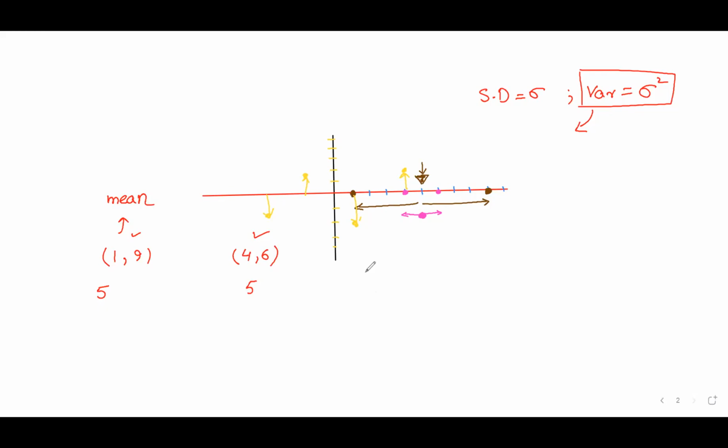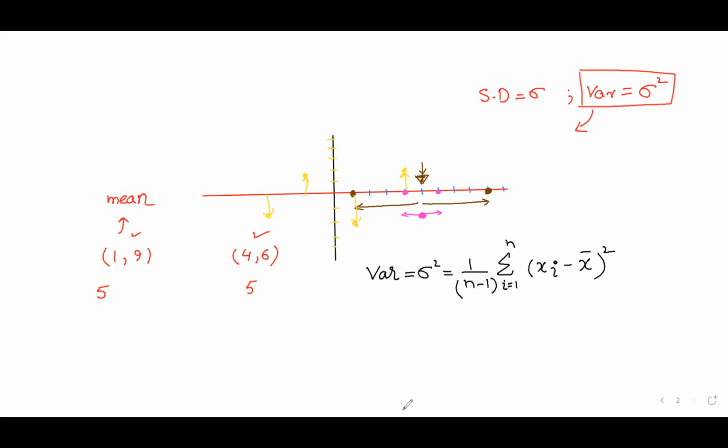Okay, so my variance is denoted by sigma square and is given by 1 over n minus 1, sigma summation of i equals 1 to n, (xi minus x bar) squared.